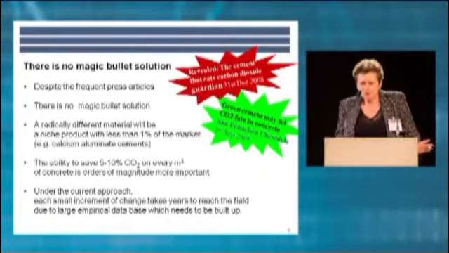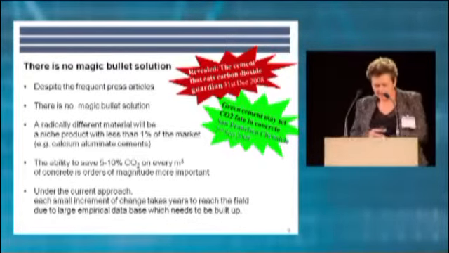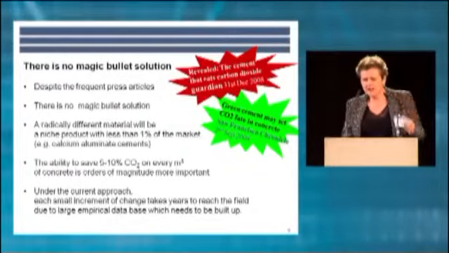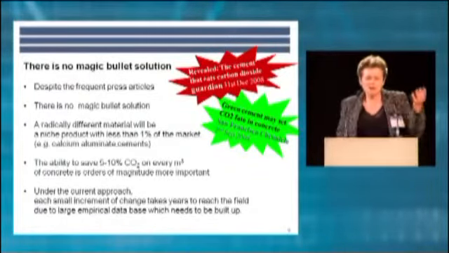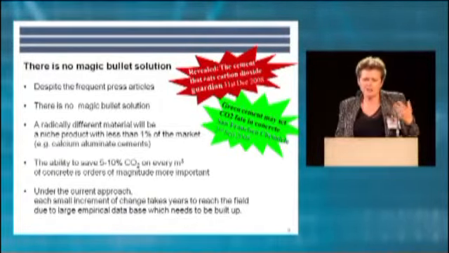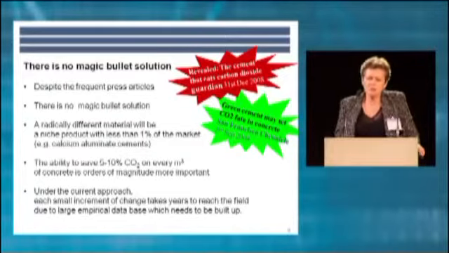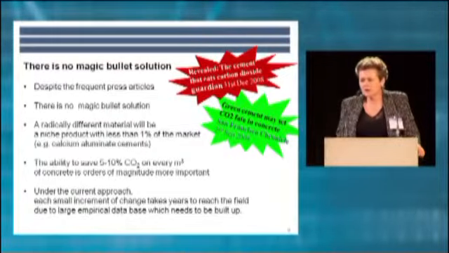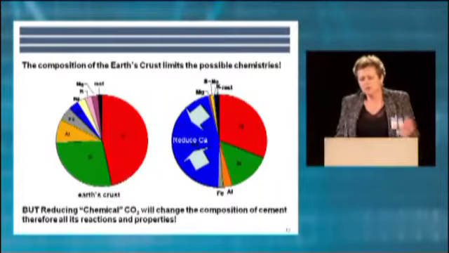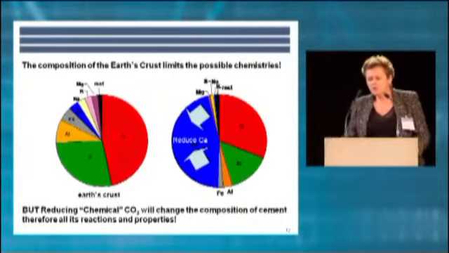Now, contrary to what is often written in the press, there's really no magic bullet solution of this. We often see every few months somebody has developed this wonder concrete that can eat CO2, and while these solutions may be part of the solution, not least because of the materials available in the Earth's crust, we're really limited in possibilities.